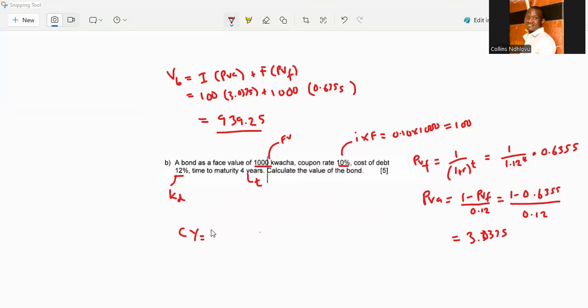So the current yield is what? The value of the bond over... what's the formula for current yield? Who remembers? Current yield is interest on bond amount over value of the bond times 100.